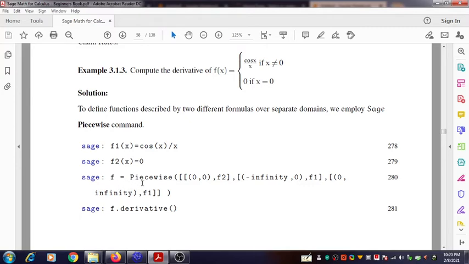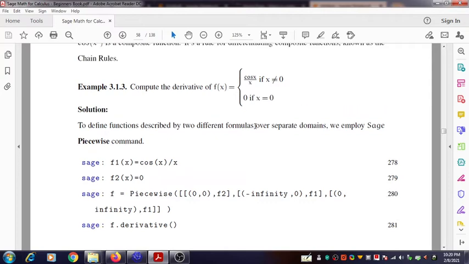So f is equal to piecewise, with a small letter p, and then you can first specify the interval 0, 0, equal to f2.